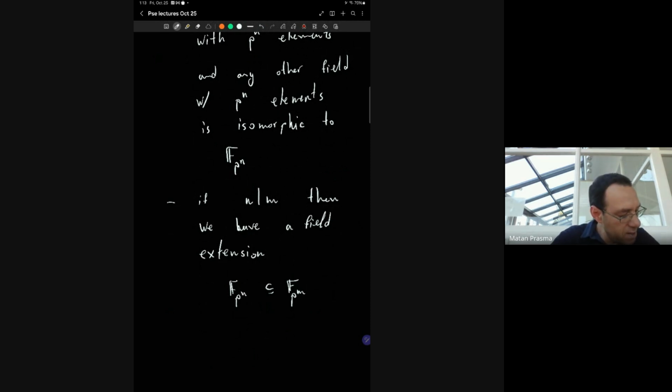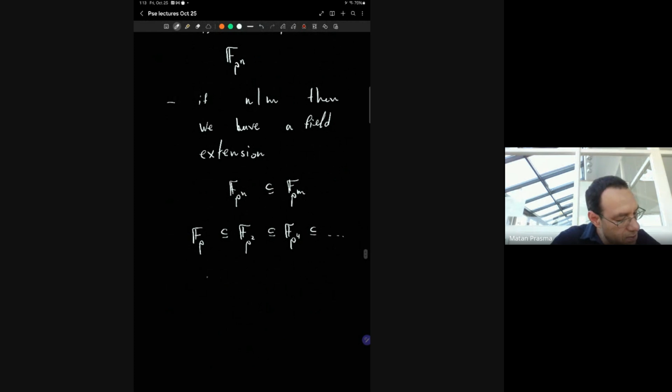So what we can do now is we start with Fp, and then we go to, for example, Fp square. And now if we want to keep a field extension, then we need, for example, Fp 4 and so on. And we can take the union of all this. So I take the union of Fp to the 2 to the k, and then I'm guaranteed that I have a field extension in each step.